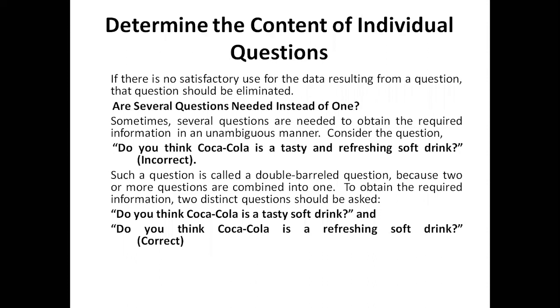This question looks correct, good, but it is incorrect. Such a question is called a double-barreled question because you are including two variables here. One is taste, another is refreshment. You can't club both the variables in one question because the respondent will get confused. What answer does he or she have to give for this question?